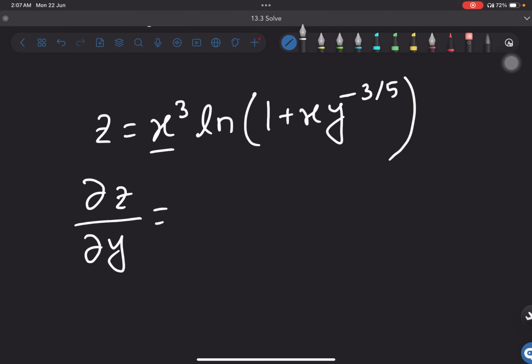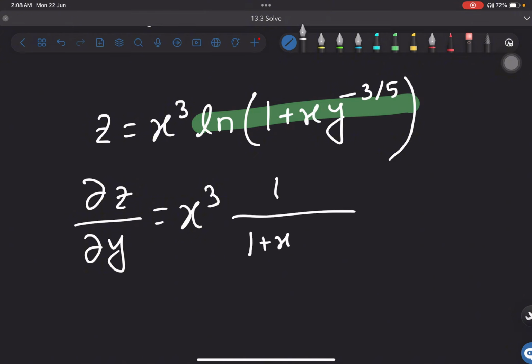So over here, x cube is a constant. We don't need to worry about doing uv over here as well because uv does not exist. So x cube is a constant, and when we differentiate this term, it becomes 1 by 1 plus xy to the power minus 3 by 5.